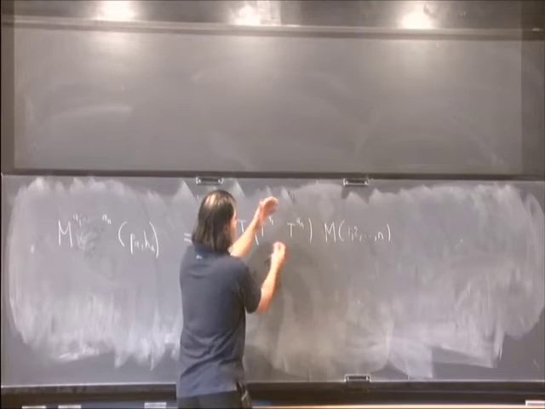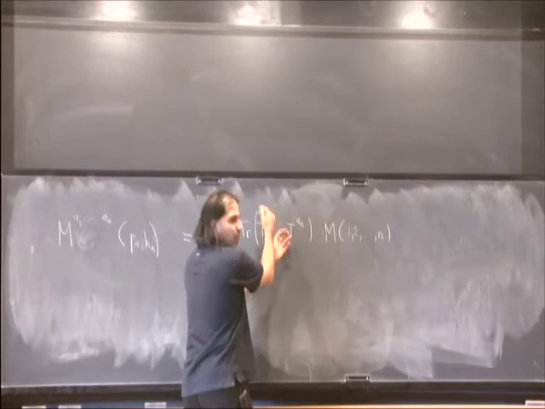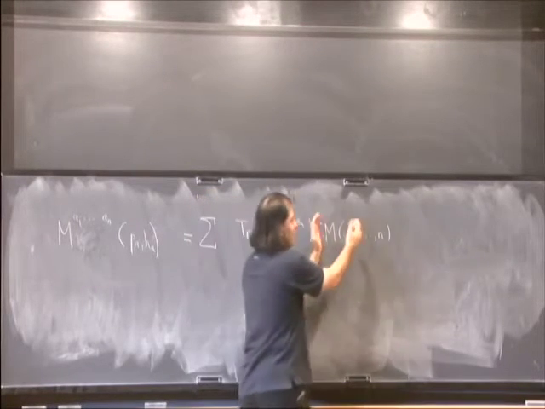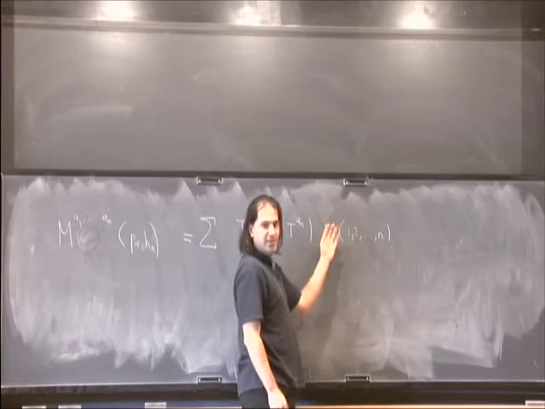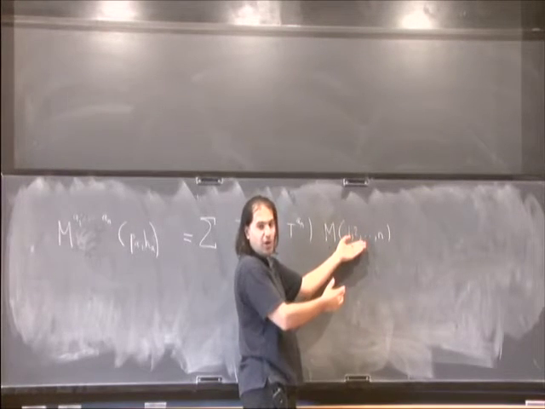For every permutation of the A1 to AN, we write down a color factor like this, and there's the associated color-stripped function on the right.